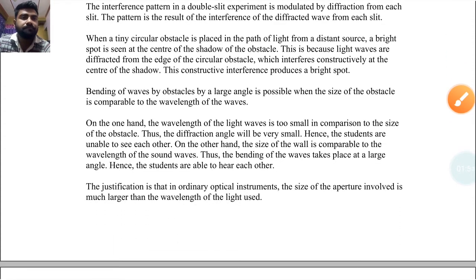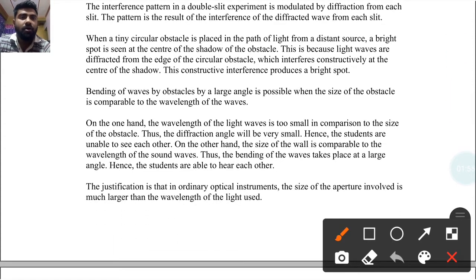So here, bending of waves around an obstacle by a large angle is possible when the size of the obstacle is comparable to the wavelength of the waves. On the one hand, the wavelength of light waves is too small in comparison to the size of the obstacle. Thus the diffraction angle will be very small and the students are unable to see each other.